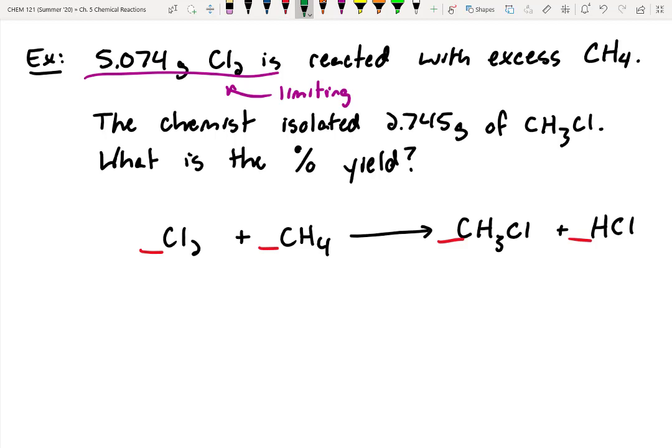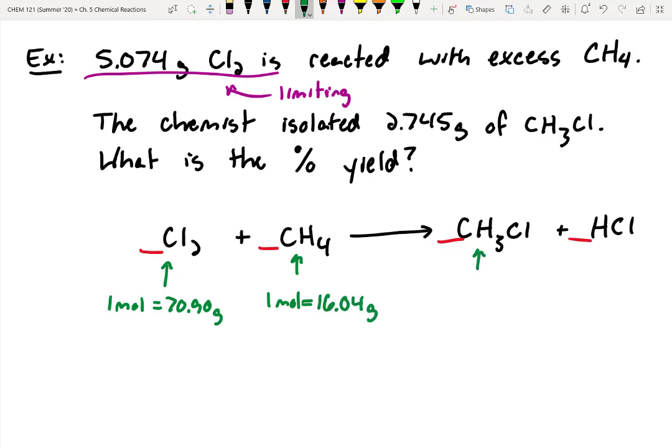And then I'm just going to help us with the molar weights here. So 1 mole of this is equal to 70.90 grams. And we'd say 1 mole of this is equal to 16.04 grams.